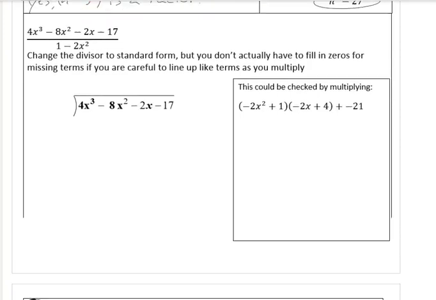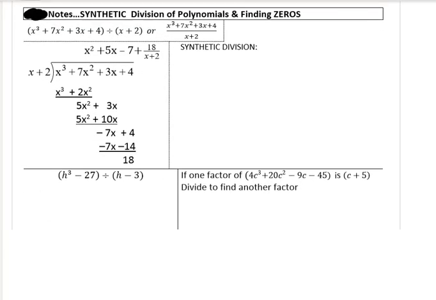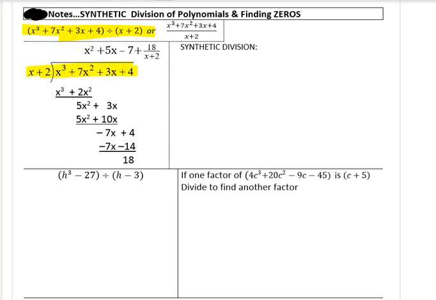Alright, now I want to show a little bit of synthetic division. I'm going to do this problem on the left. Not that one. This problem. And it's already shown for you by long division with an answer of this. I'm going to show you how synthetic division is the same thing.